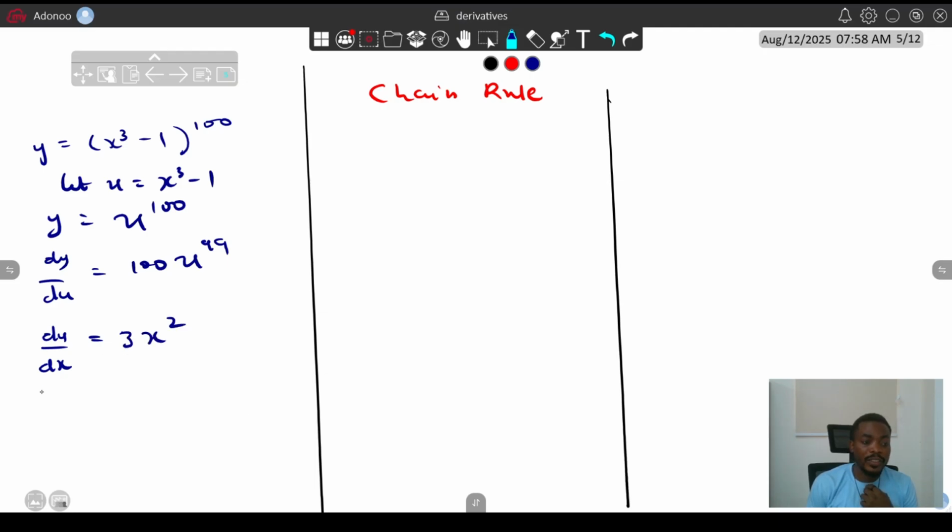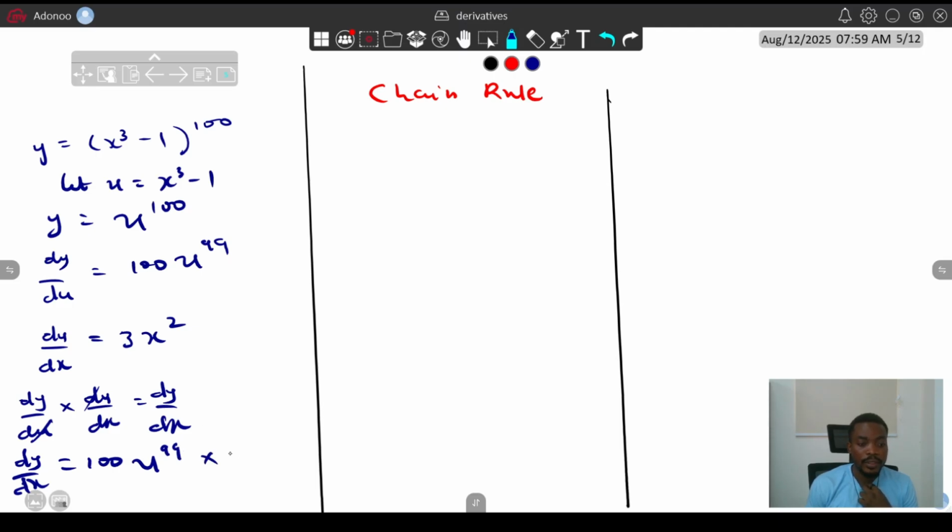Now what happens if we multiply dy/du by du/dx? We have dy/du times du/dx, so you see we have dy/dx. Therefore, dy/dx will be equal to 100 u raised to the power 99 times 3x squared.